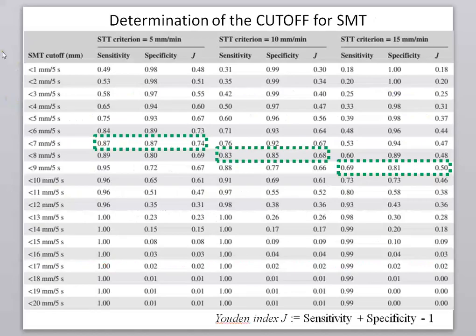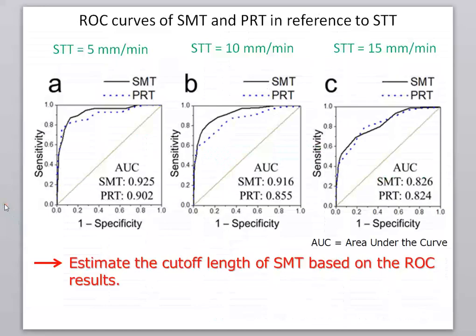The essential meaning here is that we simulate what's going to happen if we set the SMT cutoff length at 1, 2, 3, 4, 5, up to 20. Then we get the computed sensitivity and specificity at each data point, which eventually forms this black line.